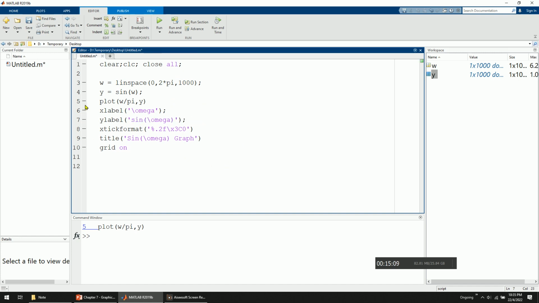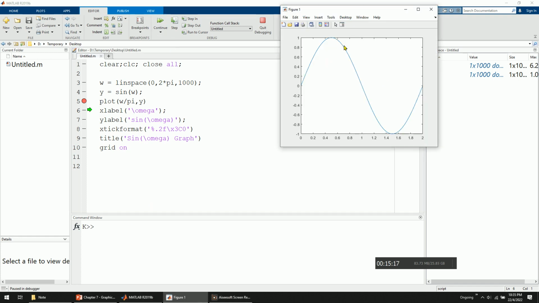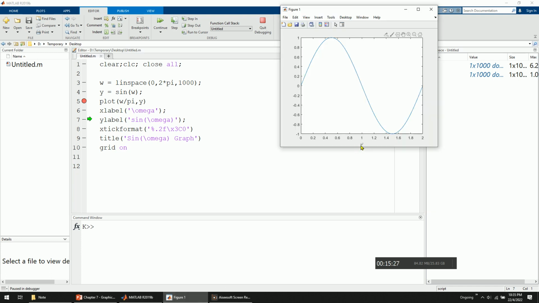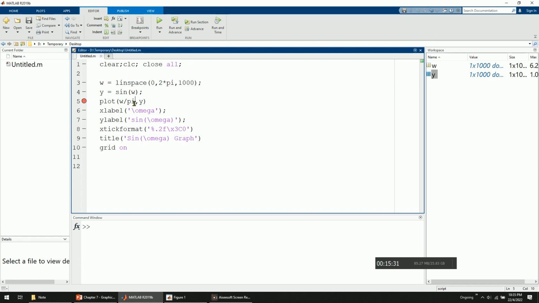So you can see here, when you plot it, it will create a figure without any label. If you press this, xlabel, it will run xlabel and automatically create this one. Let me check: if you use capital letter, it will show a different one.